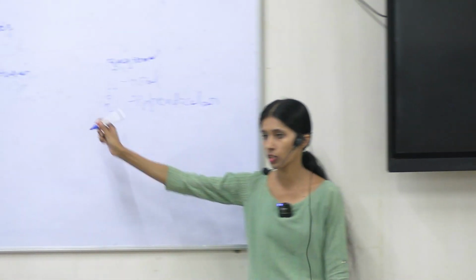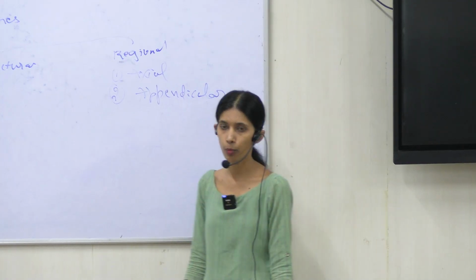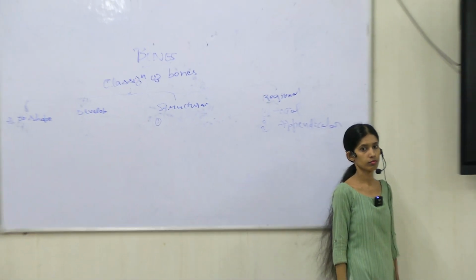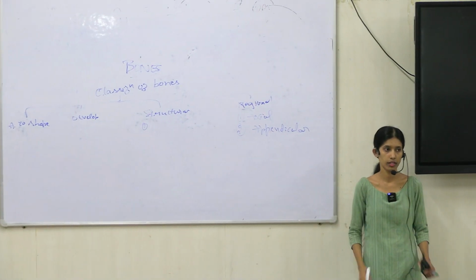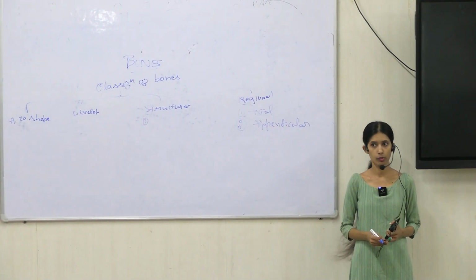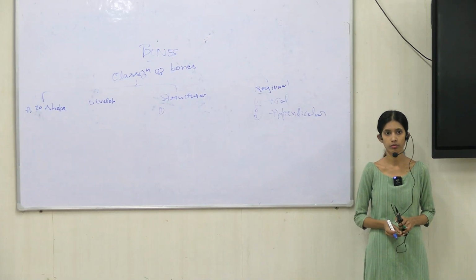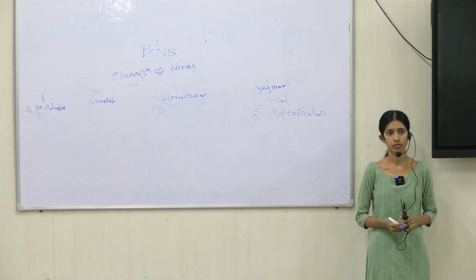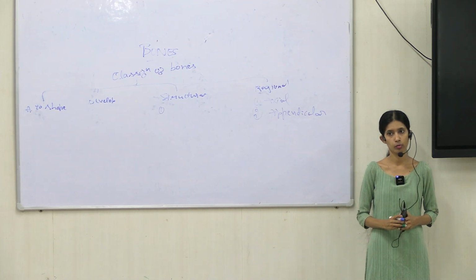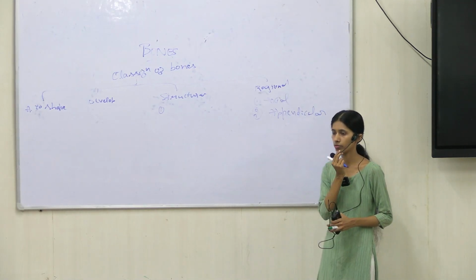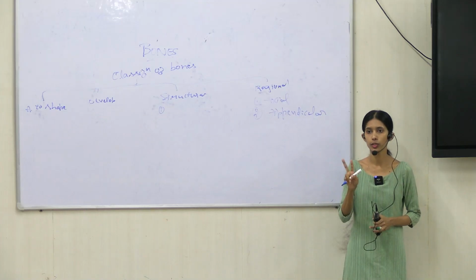Next, structural classification. How many types are there here? Long bone, okay. Short bone, spongy and compact bone, sesamoid bone, pneumatic bones, flat bones, okay. Structurally, we divide it mainly into two categories.